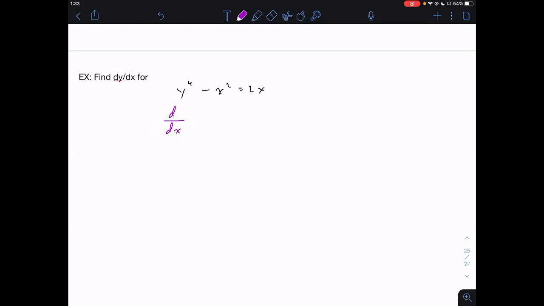So you're going to take d over dx and distribute that into y to the fourth minus x squared. And then on the side, do the same thing. Take this as the differential of d over dx and multiply by 2x.